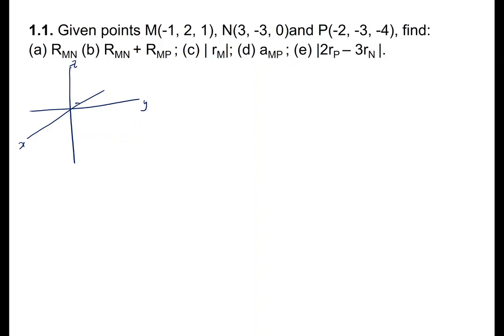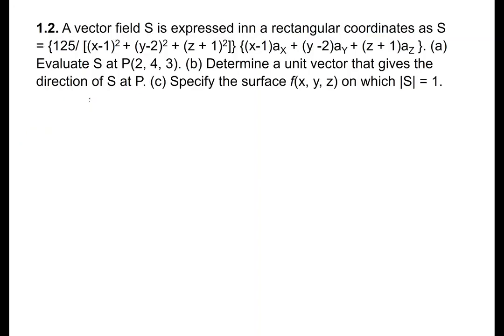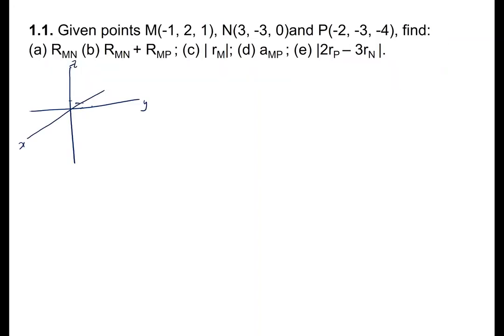If you already know what you're doing, you don't actually need to draw. So this is the point M, given the coordinates 2, negative 1, and 1 for the z.